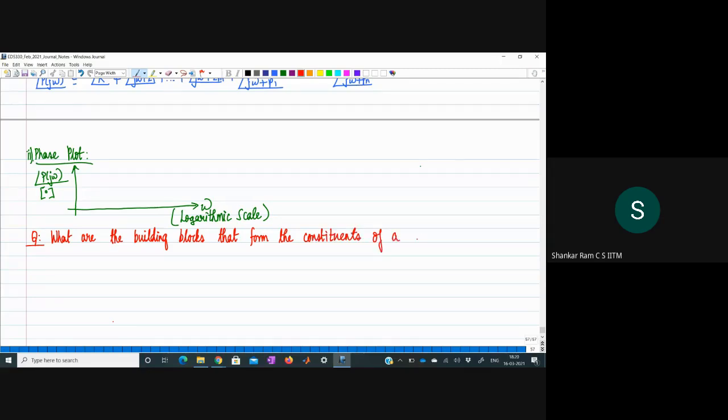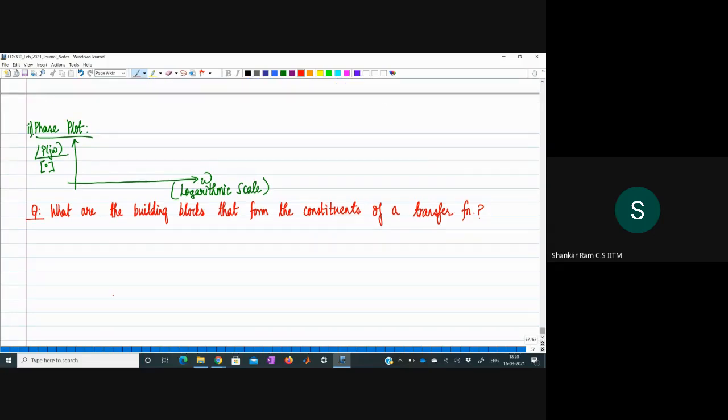If we are able to answer this question, and if we are able to plot the Bode plot for these building blocks, then we are in good shape, is it not? Because we know how the Bode plots will look, and then we go forward. That's it. So what are the building blocks?